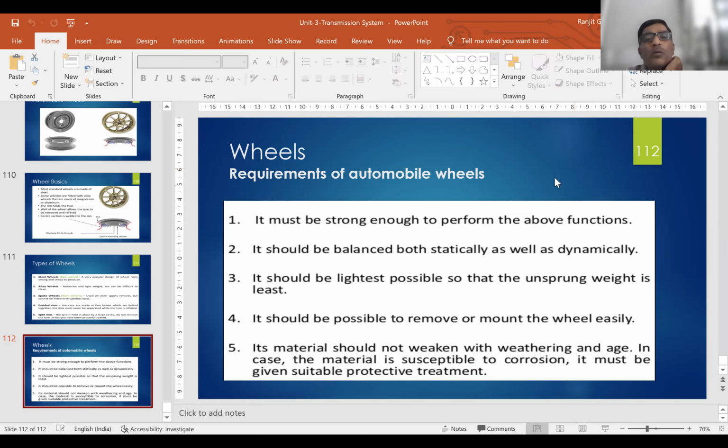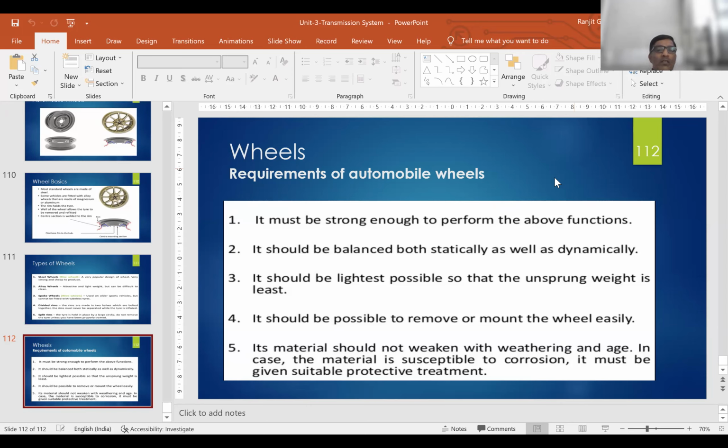Okay, so it comes under a running system. That means whenever the vehicle is moving on the road, the steering system is required to steer or to negotiate or to cover the road. So the first function of the steering system is to achieve angular motion of front wheels to negotiate the turn.